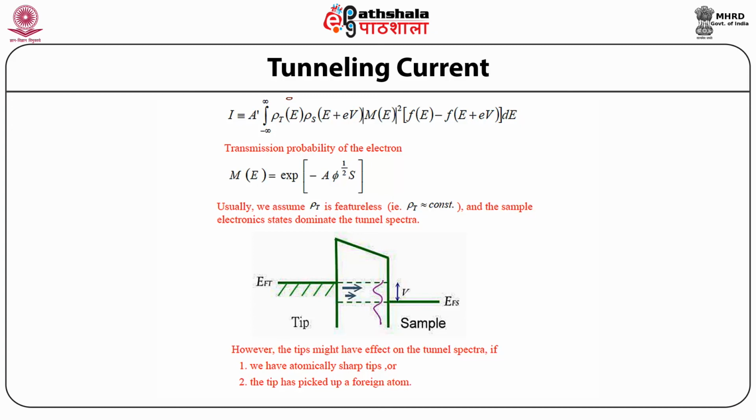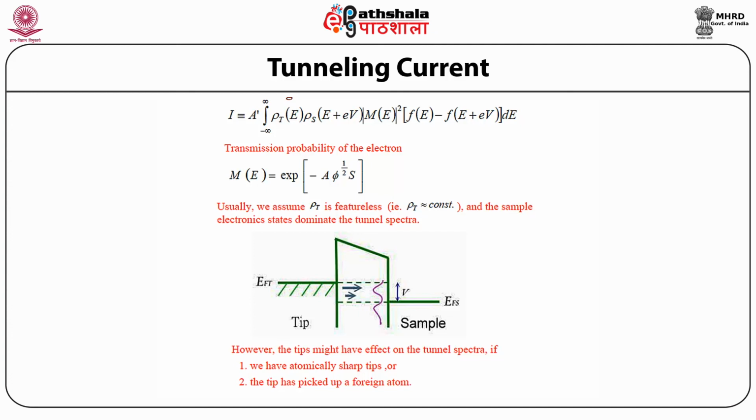And the transmission probability of the electron is given by M E equal to exponential of minus A phi to the power 1 by 2 multiplied by S.